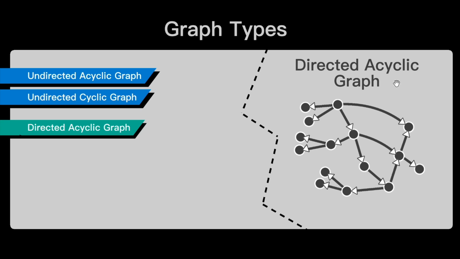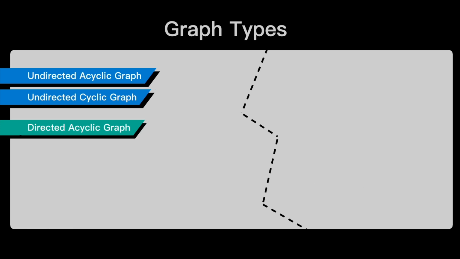Next, it's an acyclic graph, meaning even though there are directions, arrows here, there is still no circle being formed. If you try to go through all the points, there is still no circle you can find. So this is the third type, directed acyclic graph.